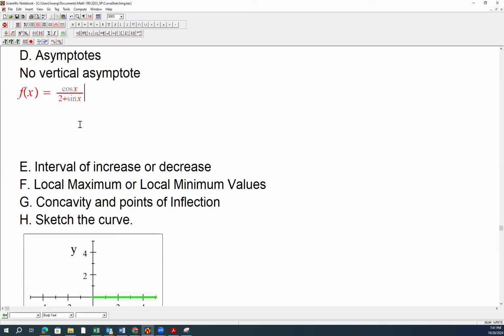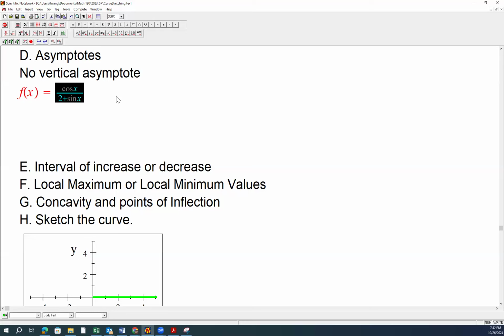Did I bring the function here? Right. So when we take a limit as x approaches negative infinity or positive infinity, cosine x is bouncing between -1 and +1. So there's no limit.